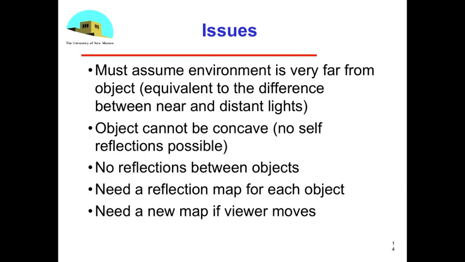Computationally, to do it correctly, you need a reflection map for each object in the scene. Remove it, put the camera there, compute it, and then get a different one. Now, that's generally not done because it's so computationally intensive. However, generally the way people get around this, and they also do a similar thing to getting realistic images with ray tracers, is they don't do reflections off anything but a couple of objects.